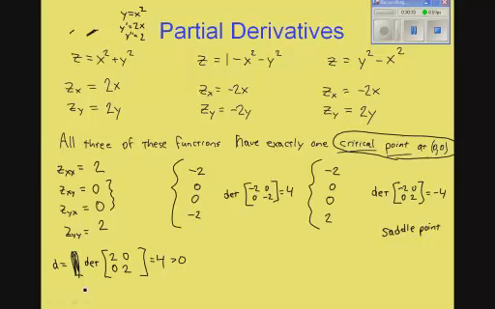So here, since zxx is greater than 0, we have a minimum.